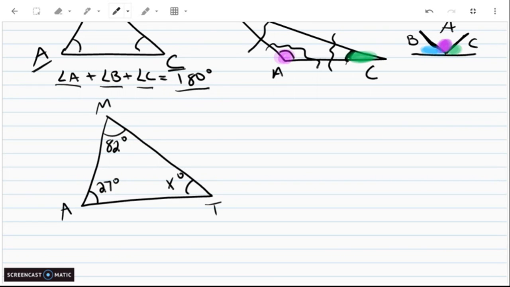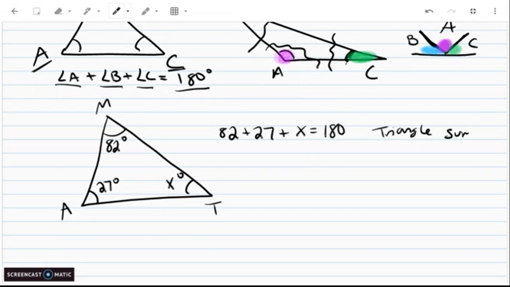So we know that 82 plus 27 plus X equals 180. And this is by the triangle sum theorem. So now we can just solve this equation to find out what X equals.